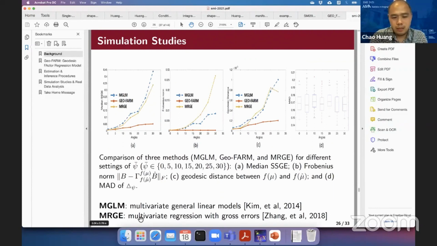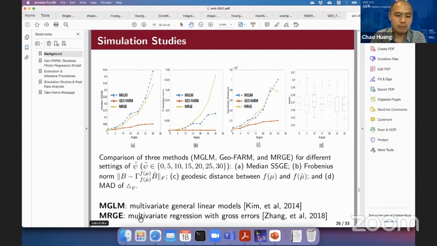And this is the simulation results compared to two different methods. One is the multivariate general linear model on the manifold space, which was proposed by Kim and Singh in the 2014 CVPR paper.